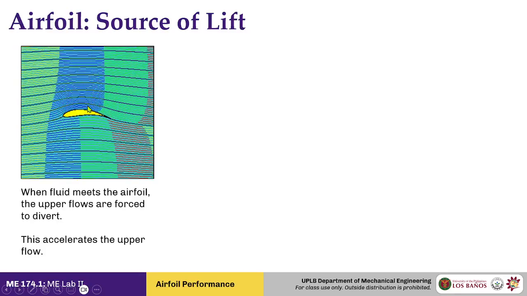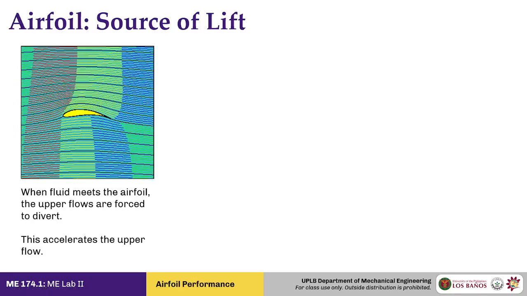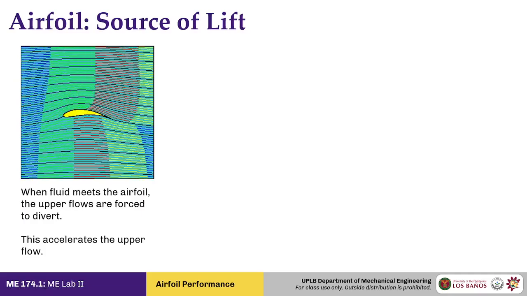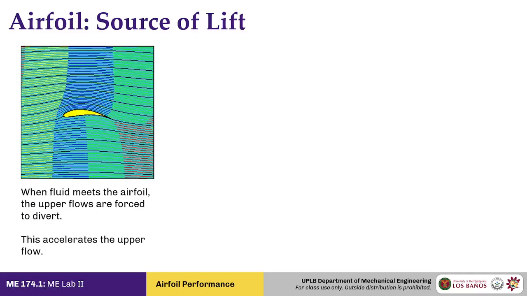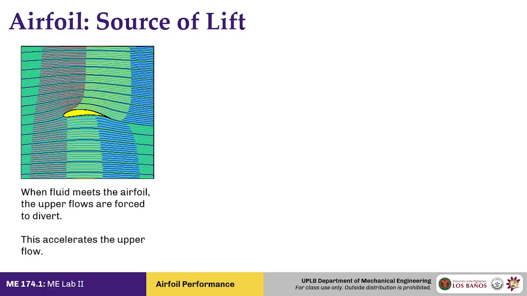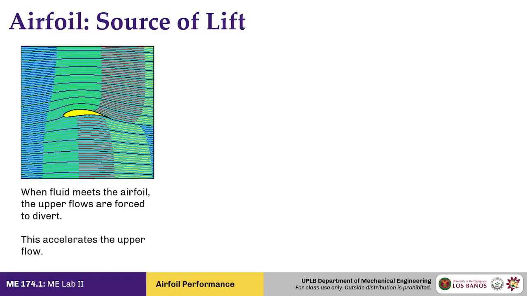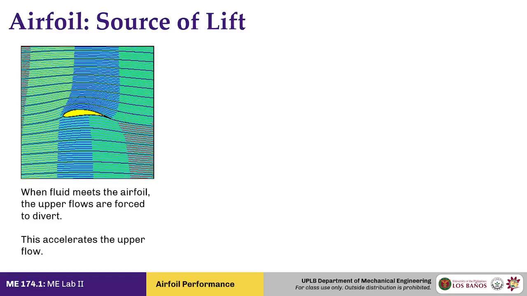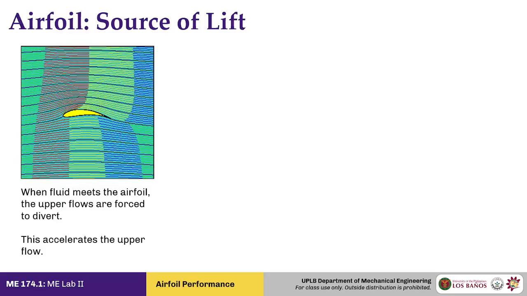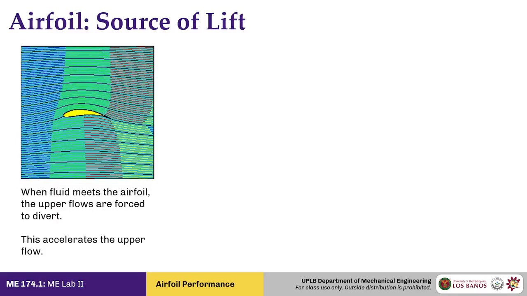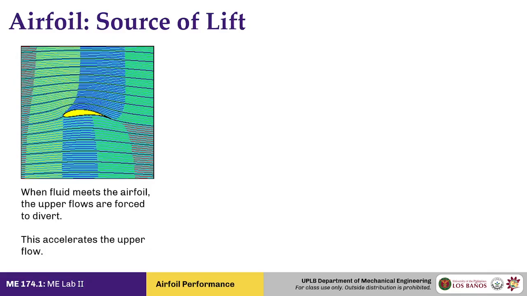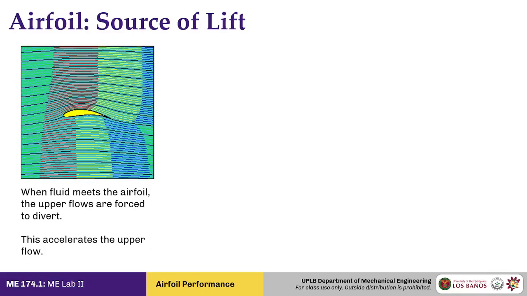While you would think that the flow would actually slow down, what happens, I believe, is that there is a loss of pressure energy because it is forced to divert. And when it's forced to divert, there's kind of this nozzle type of effect wherein you pinch the area where the fluid is flowing, so then it moves faster.